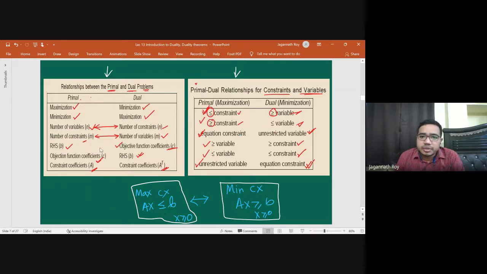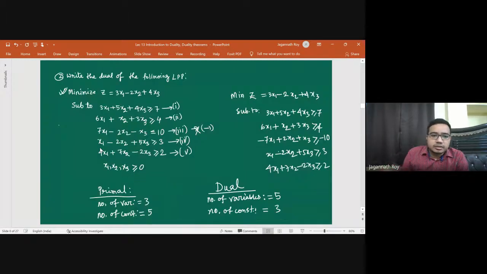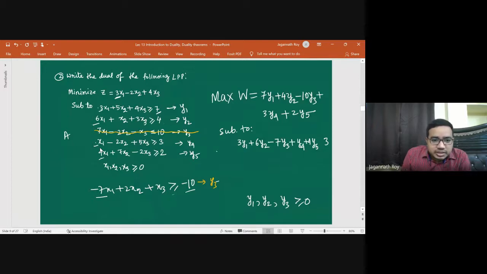Here the variables are all greater than type, so the constraints will all be greater than type. We cannot say about this now. So greater than type we have written.